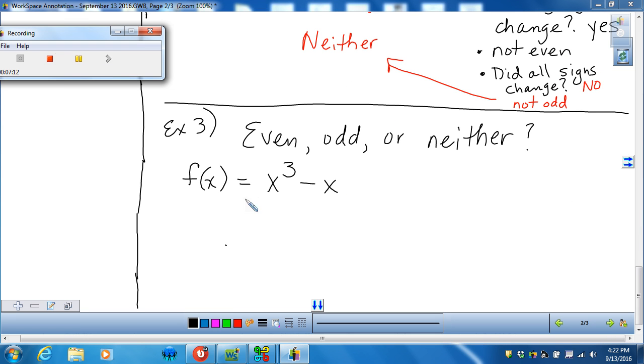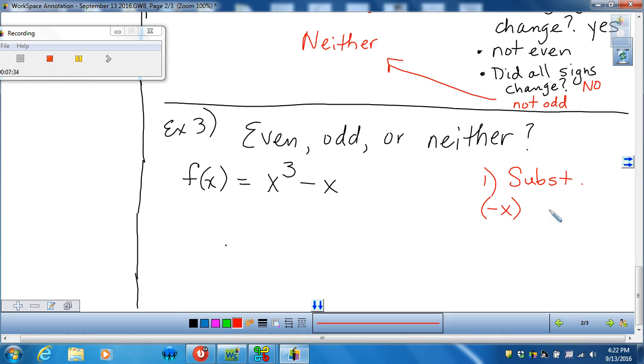Okay, now for our third and final example, even, odd, or neither. Again, f of x is equal to x cubed, take away x. I want to know if it's even, odd, or neither. So my first step, just like before, is we are going to substitute the opposite of x for each x.